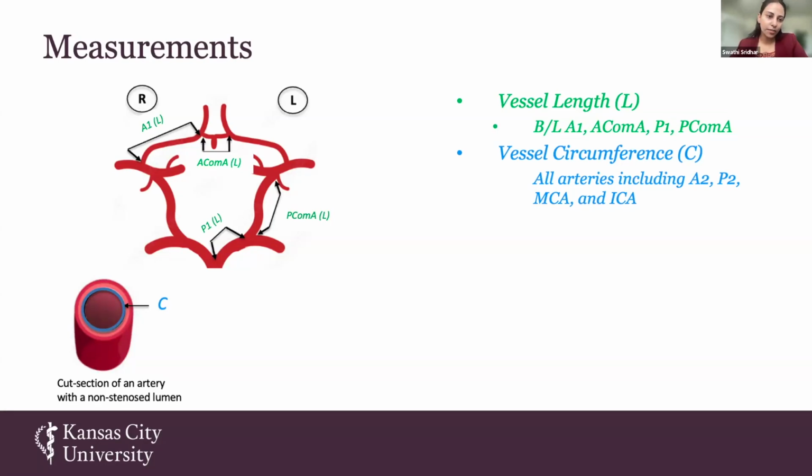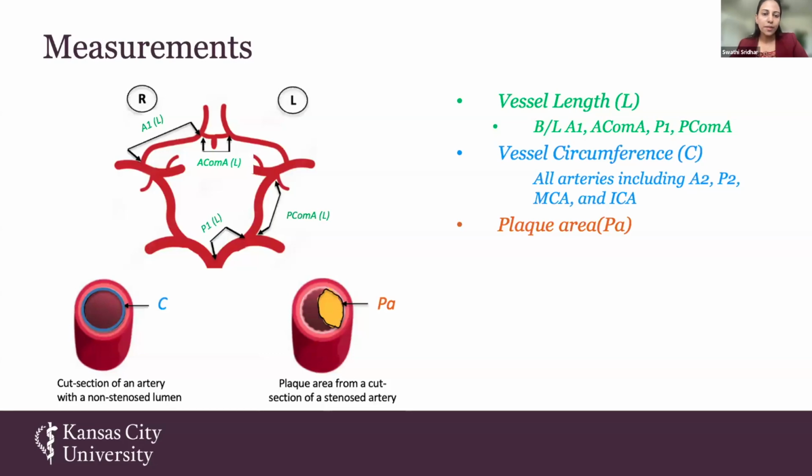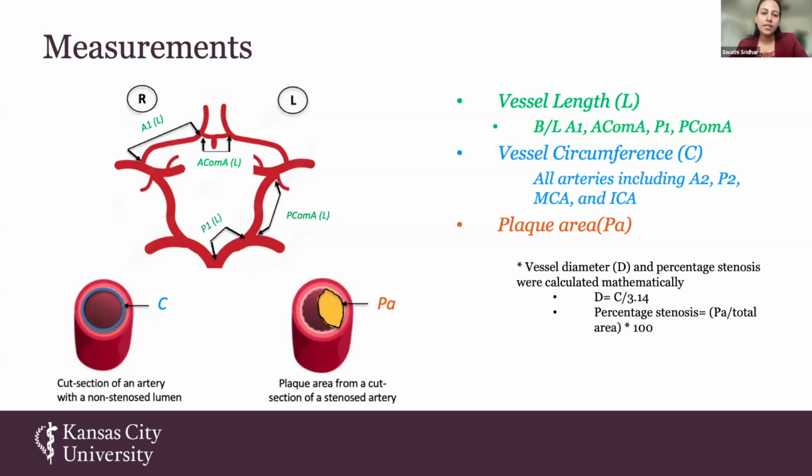And here shown in blue is the cut section and how we took the circumference measurement. And in terms of plaque area, it was also taken from the cut section of the artery where there was maximum stenosis, by drawing around the area of plaque using ImageJ software. And from this, the vessel diameter and the percent stenosis were calculated mathematically using the formula shown here.